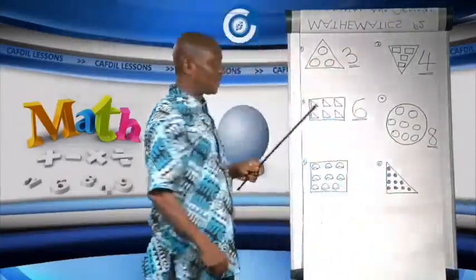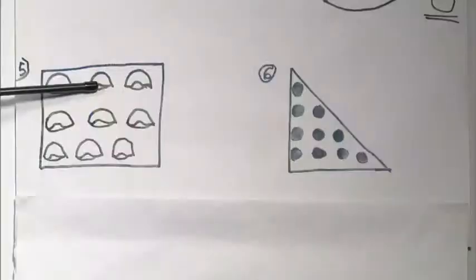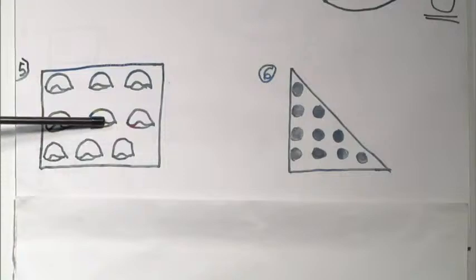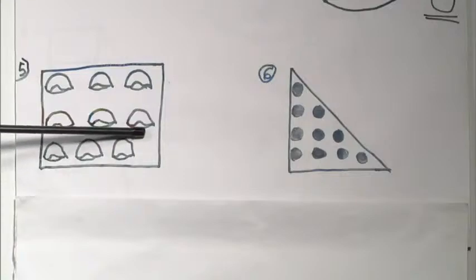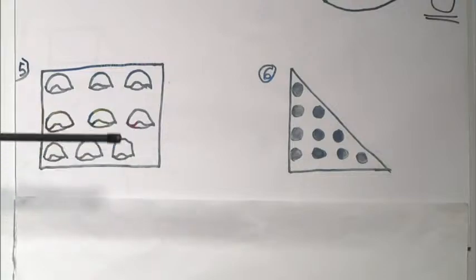Five. Let's count. 1, 2, 3, 4, 5, 6, 7, 8, 9. How many? 9.